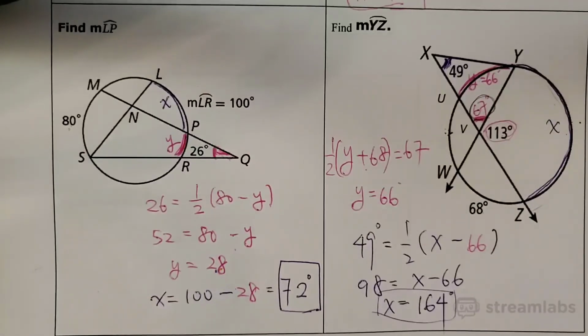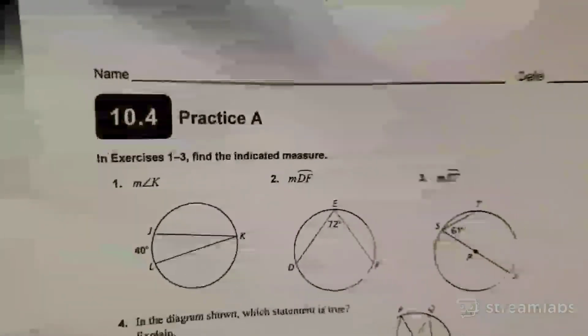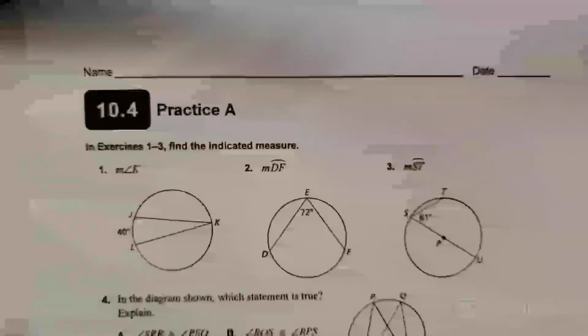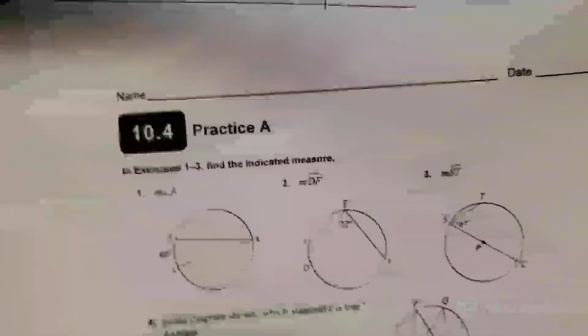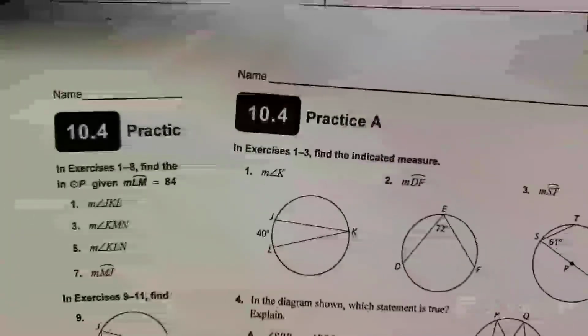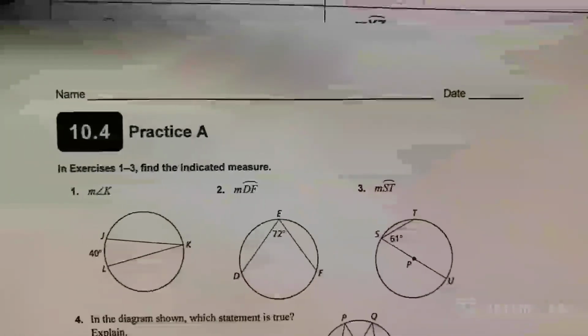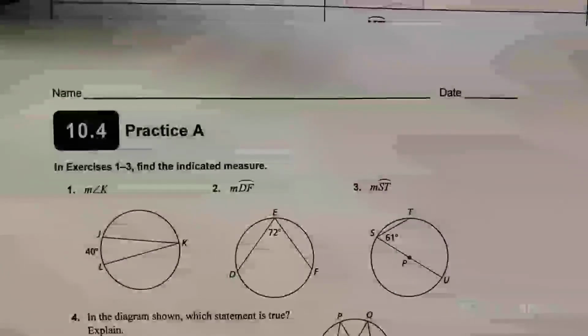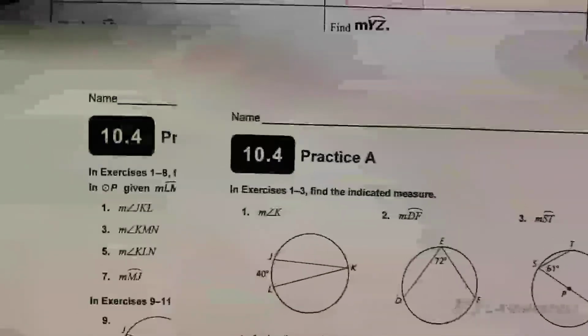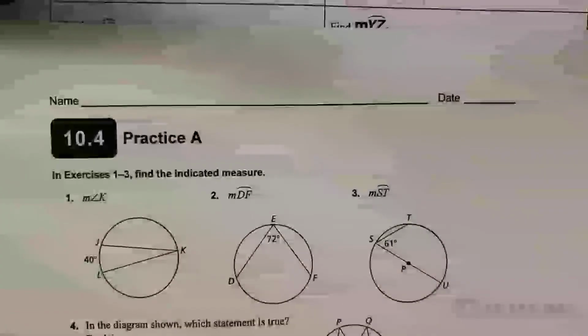So let me explain the homework part, okay? There are 3 things you need to turn in this week on Friday. Number 1, if you were here on Friday, before we go, you received a practice A from School Loop.